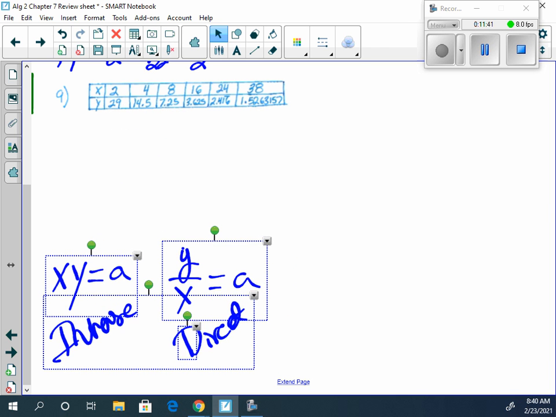Now let's look at number 9. If we look at number 9, we can go direct or inverse. It doesn't matter which. So I'm going to just try inverse. Let's multiply them.